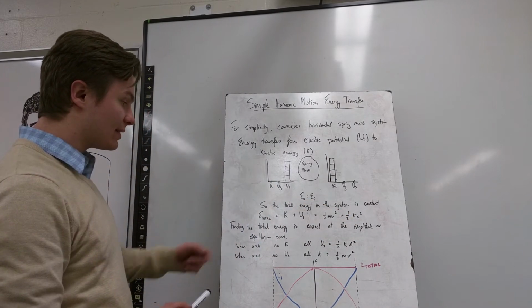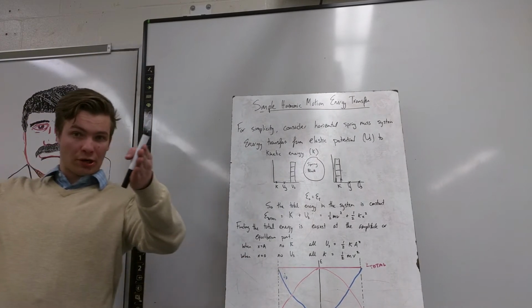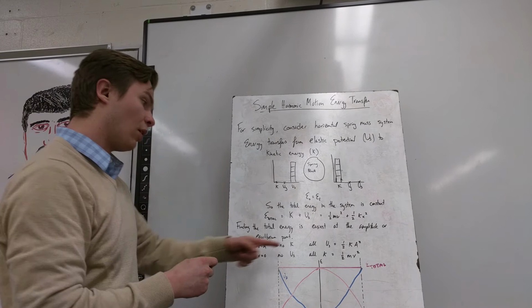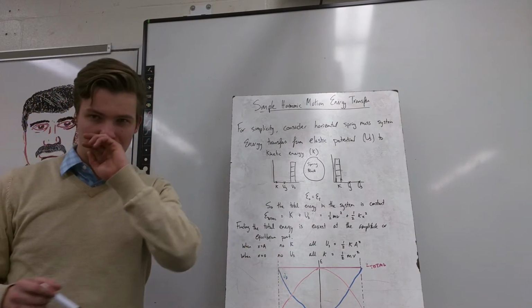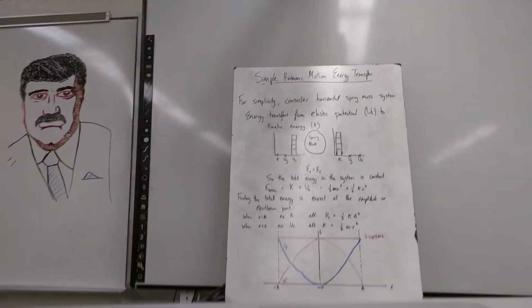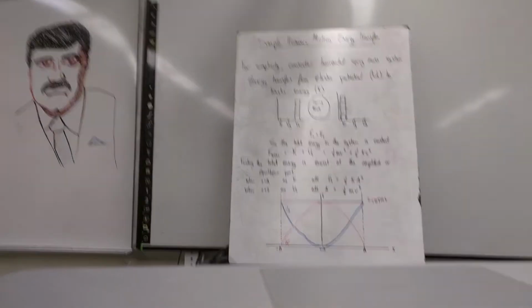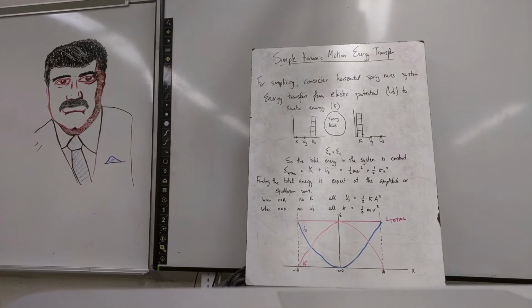So when x is equal to A, meaning that block was really stretched out or it was compressed, all of the energy is in the spring energy, and I could find the total energy in the system by doing 1/2 kx squared. Let me just adjust this for a second. Good.